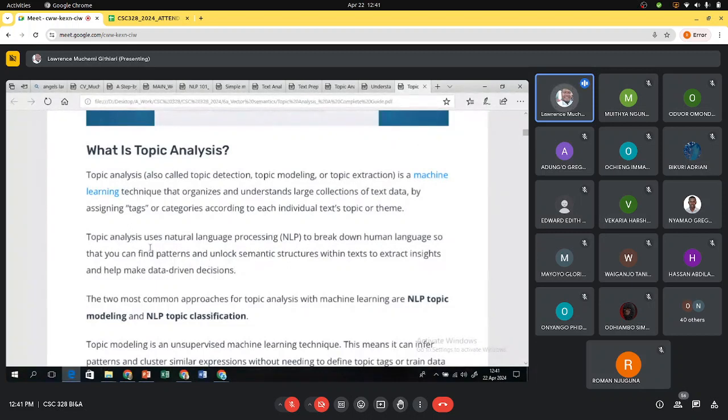Now, here is a mouthful of things. It uses NLP to break down human language so that you can find the patterns. Patterns we have already seen. But there's also something here called semantic structures. Remember, at the beginning of this class I told you part of NLP is to understand the meaning.